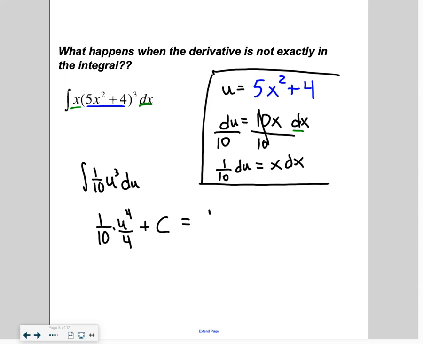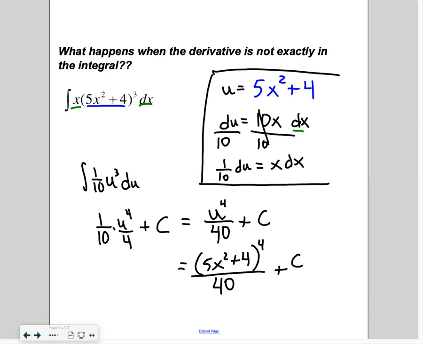So this would be u to the fourth over 40 plus c. And you're pretty much done. You just have to plug in your u at the very end. So this becomes (5x squared plus 4) to the fourth over 40 plus c.